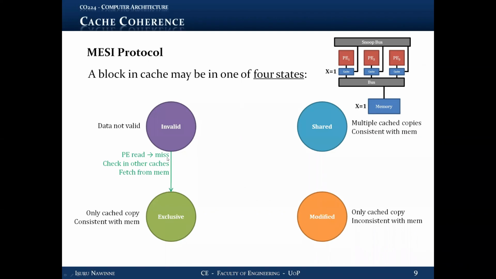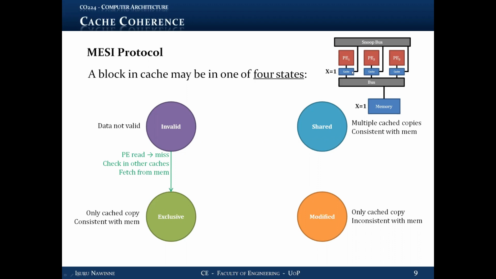it suffers a miss, and the first thing it does is check in other caches. Is there a cached copy in other caches? So how does the cache controller do that? Place a snoop read request on the snoop bus, right?